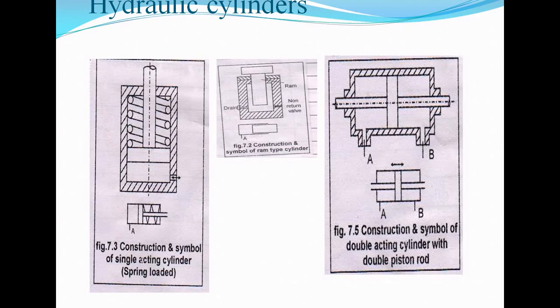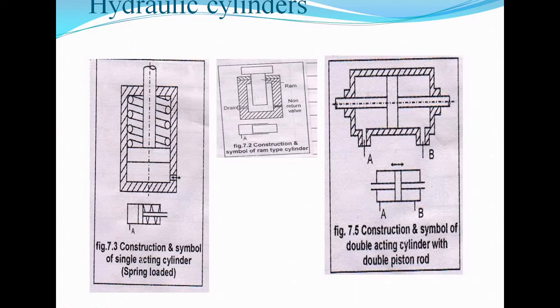Let us see one by one the types of hydraulic cylinders that we have discussed in the previous slide. In the first figure, construction and symbol of single acting cylinder, spring loaded. This is the single acting cylinder.